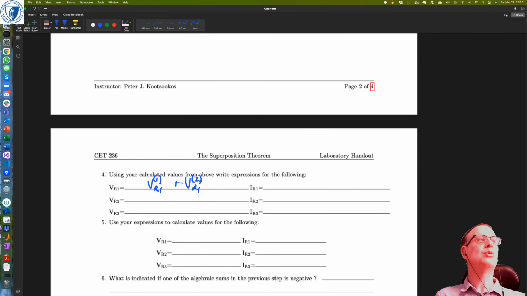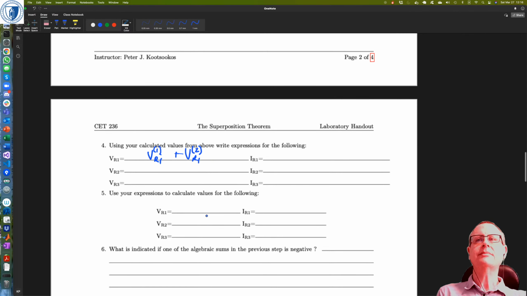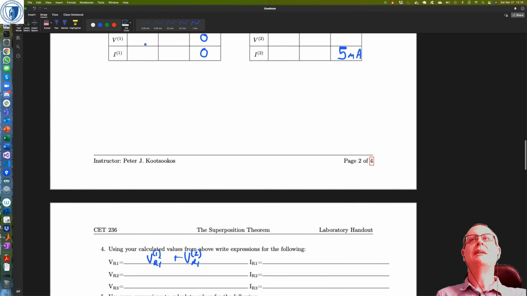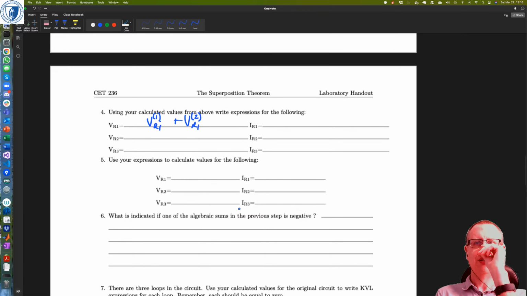And similarly for all the others. This is superposition. We do the one replacing the first supply, and then we do the other replacing the second supply. And the sum, the algebraic sum, is what gives us the answer for all of the quantities, the voltages and the currents. And then question 5 is just asking you to add the entries in these tables to get values.